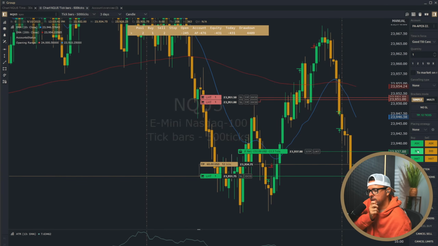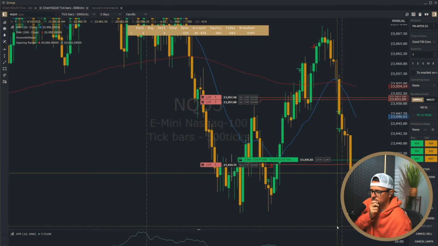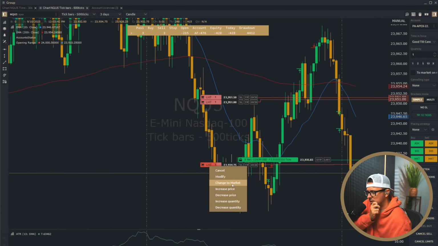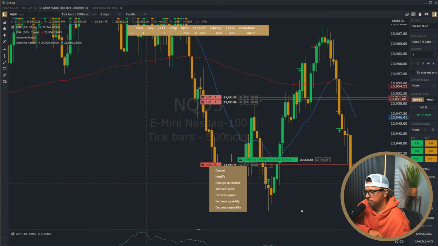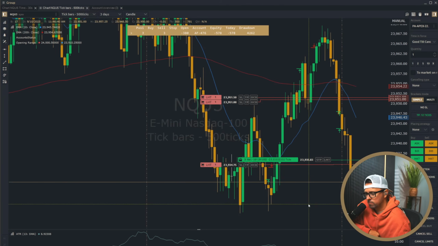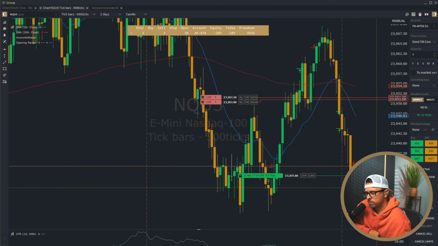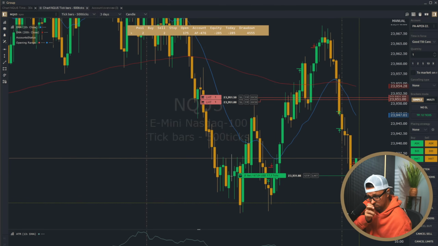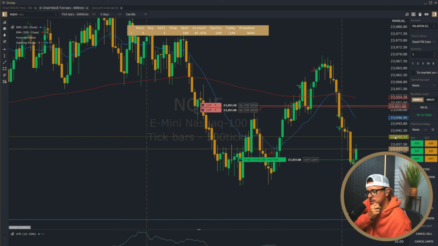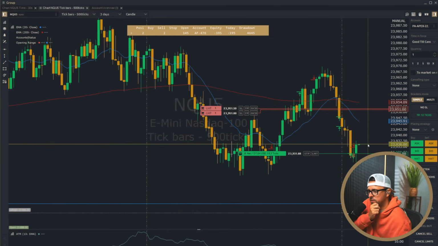Pretty cool, actually, that you could do that, though. You could see, just change to market and right away it will stop you out. It's pretty cool. Costed me a little bit there, but gonna scalp back and then hopefully it comes back to this price eventually.